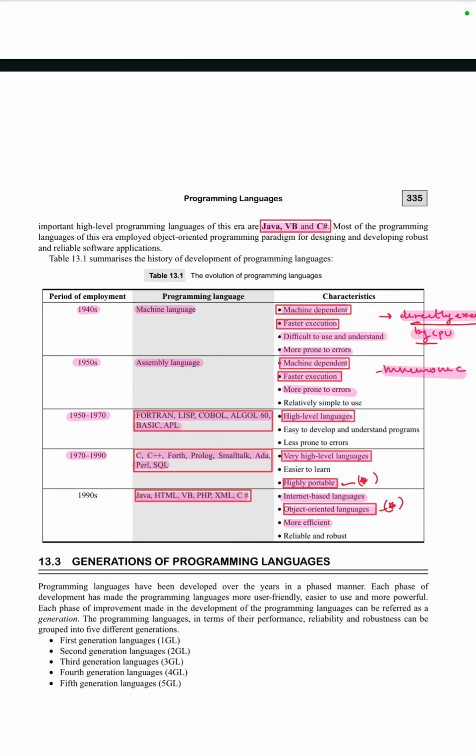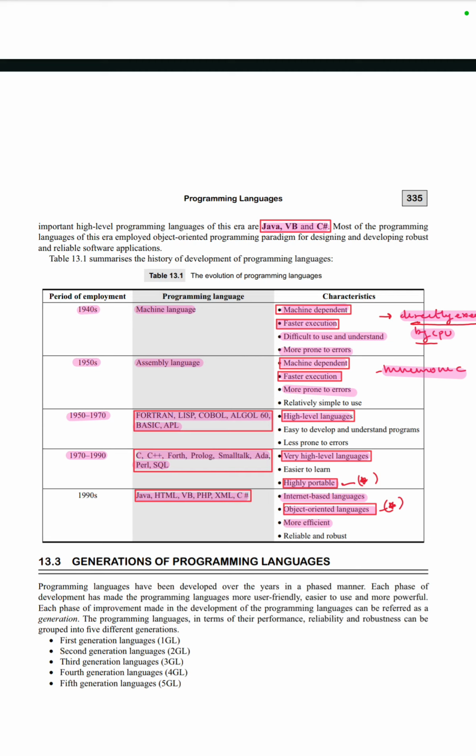These are high-level languages and are less prone to errors, while the low-level languages were more prone to errors. High-level languages are less prone to errors. From 1970 to 1990, C, C++, Forth, Prolog, Smalltalk, ADA, Perl, SQL: very high-level languages, highly portable.